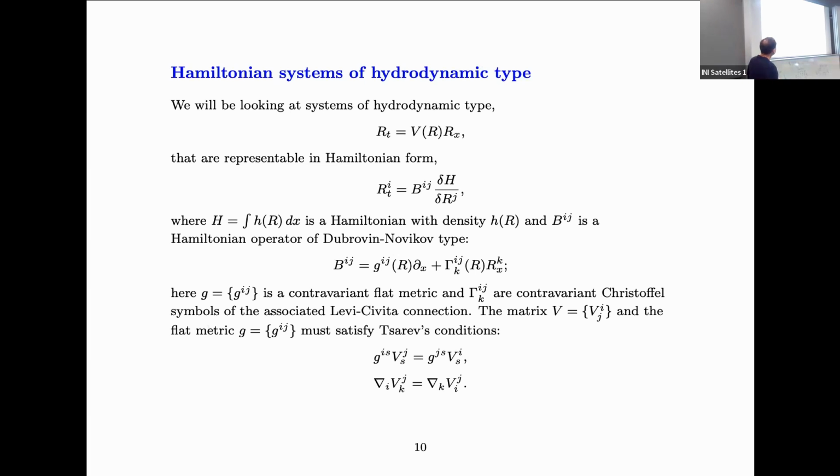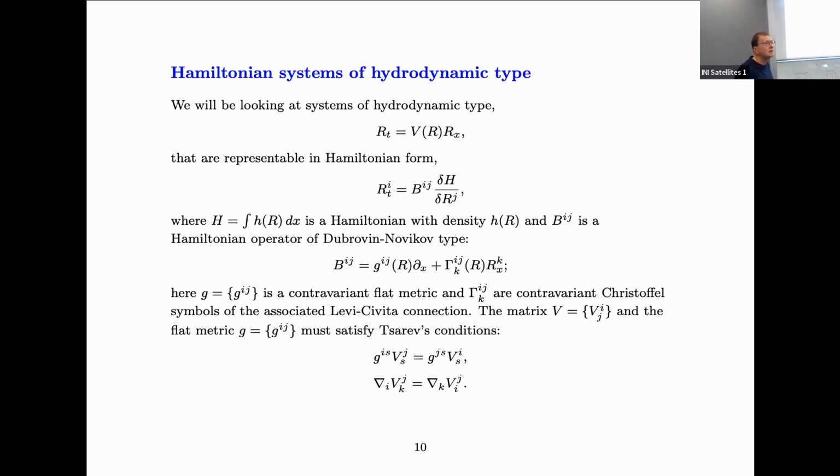So an expression of this form defines a Hamiltonian operator, so it's skew-symmetric and satisfies the Jacobi identity, if and only if G^ij is a flat metric and Gamma^ij_k is the Levi-Civita connection of this metric. Right? So now, what are the conditions for the matrix V such that it possesses this formulation?